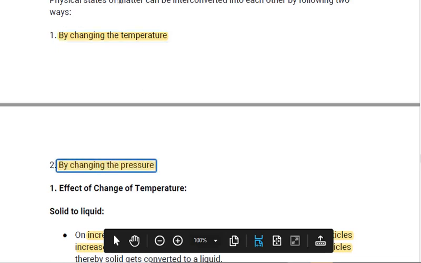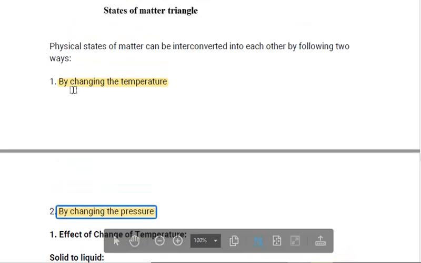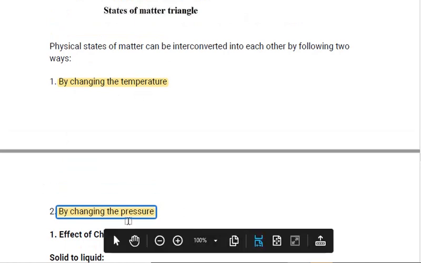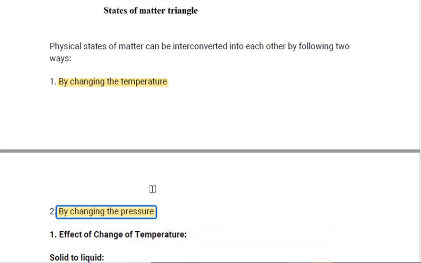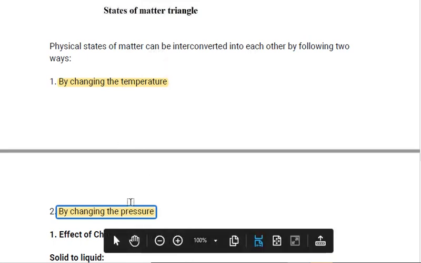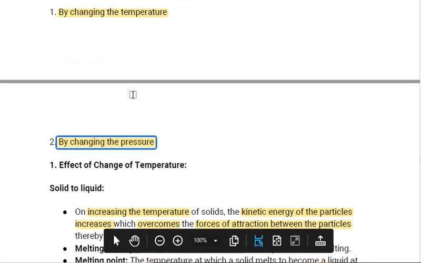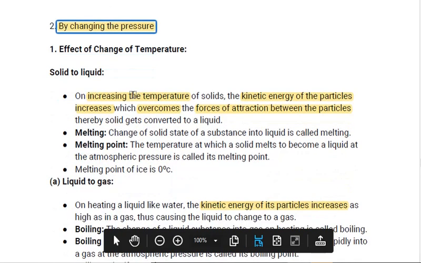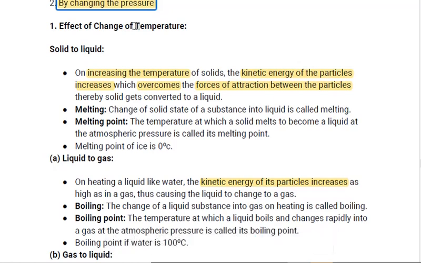So temperature and pressure are the two factors on which the state of matter depends. How, we will discuss just now. Effect of change of temperature. Now we are discussing the effect of change of temperature. Suppose you have given water.